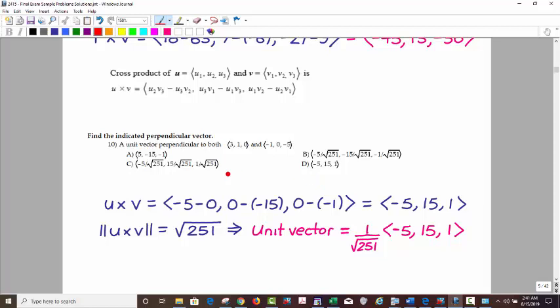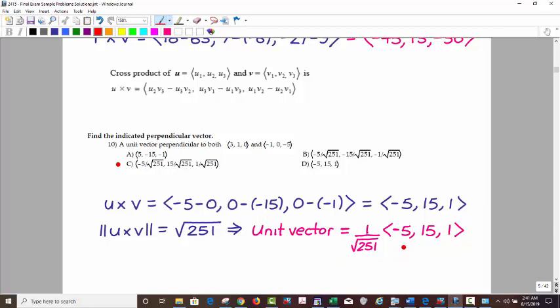But now one thing I want to point out here on this problem is that really there's two acceptable answers here. Because it could be the vector going the opposite direction, meaning as long as you don't change the value of the numbers. Either you make the outside one negative or you change all those to negative.